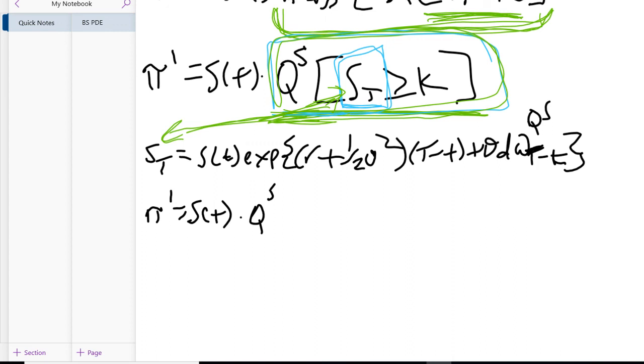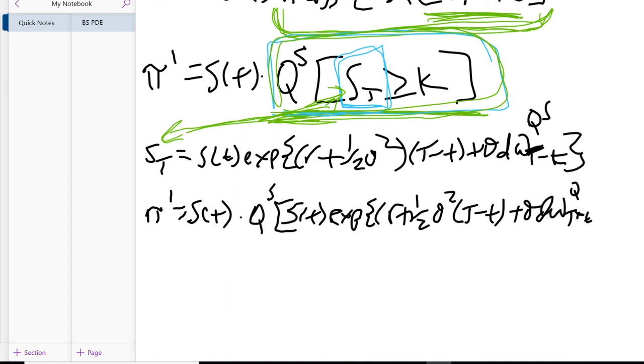But with this, we have the QS probability that S(t) times e to the power of 1/2 sigma squared (T minus t) plus sigma dW^QS is greater than K. Again, same idea here.